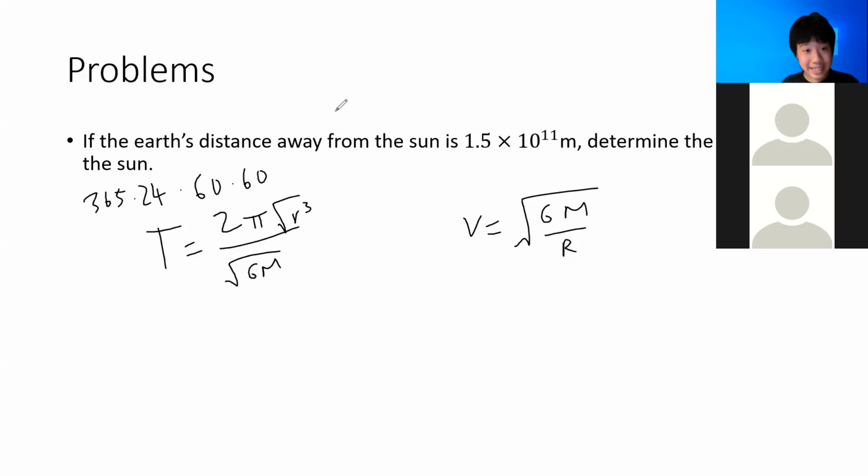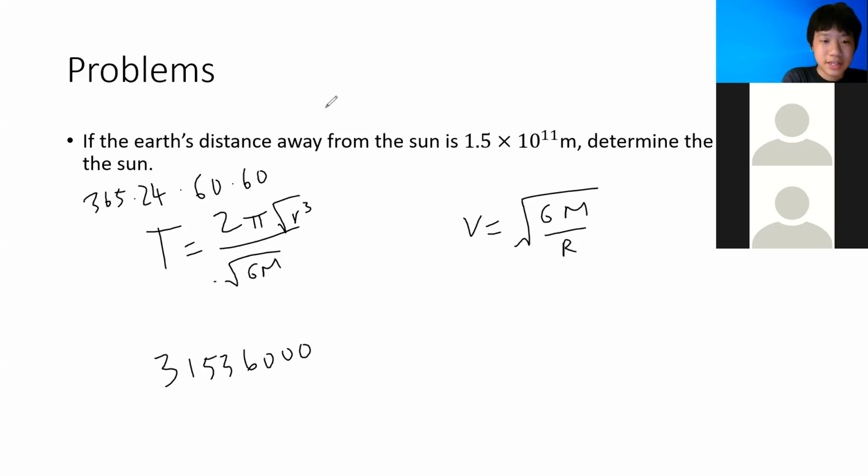So you want to get everything into seconds first. Times 60. So what's that? The period will be 31,536,000 seconds. So let's first simplify this so that we have the mass of the sun in terms of everything else.